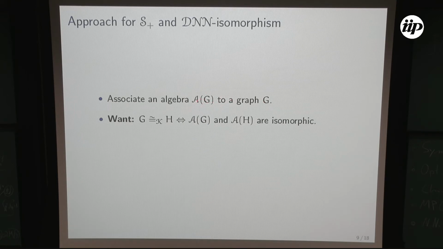We would like to choose this algebra so that two graphs are isomorphic with respect to this cone if and only if the corresponding algebras are isomorphic. What kind of isomorphism I'm requiring for algebras depends on which specific algebra I have. I will want the isomorphism to behave nicely with respect to all my algebra operations.